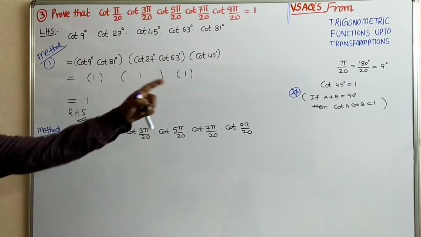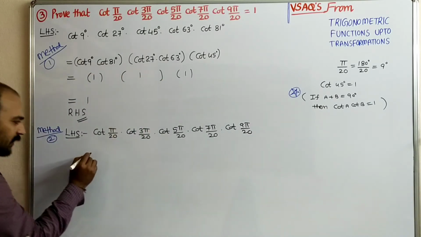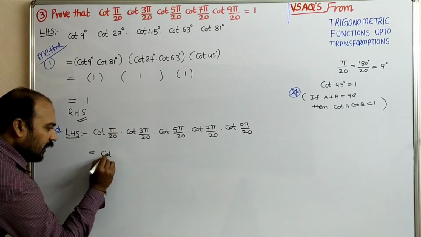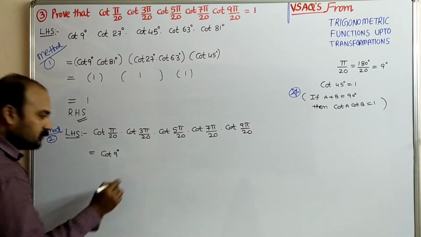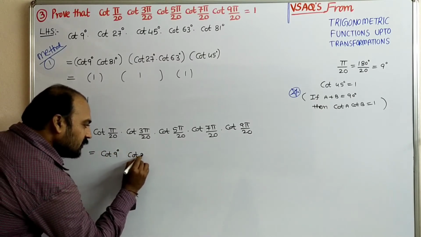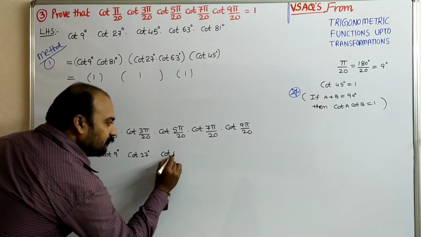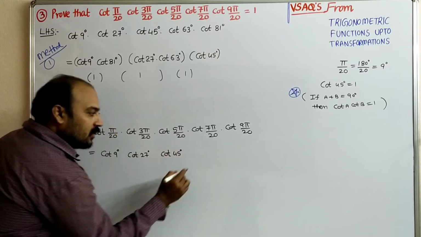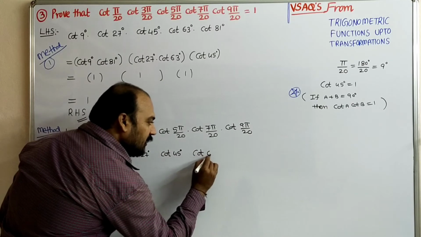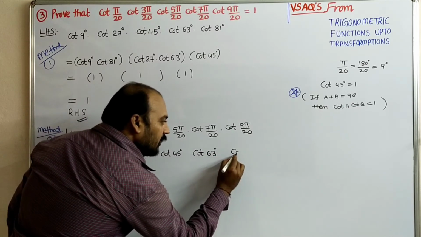Anyway, pi by 20 is 9 degrees, so it becomes cot 9, here cot 27, cot 45, here cot 63, cot 81.